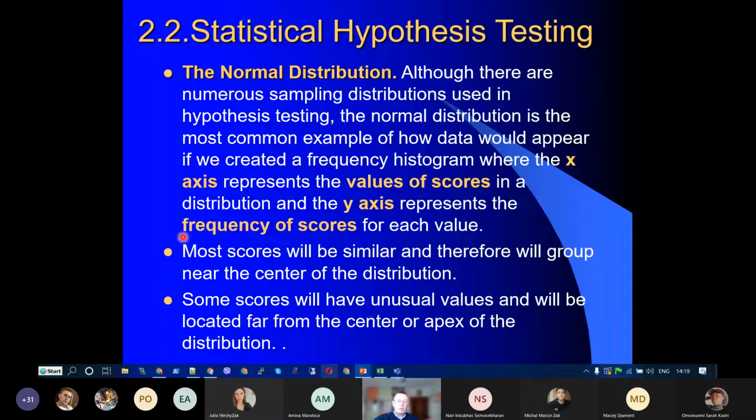Normal distribution is the most common example of how data would appear if we create a frequency histogram where the x-axis represents values of scores in distribution and the y-axis represents frequency of scores, and they group near the center of distribution, and some scores will have values located away from the center apex of the distribution.